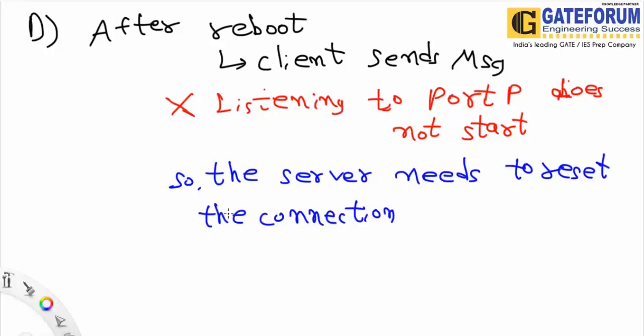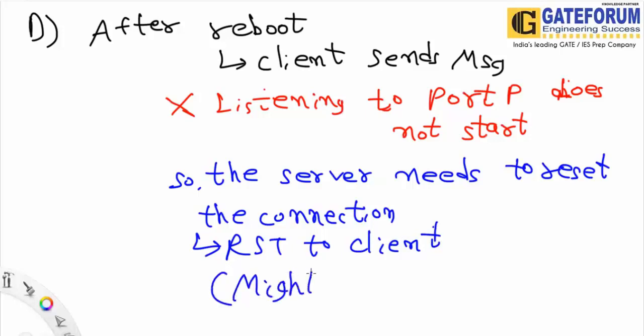So to re-establish the connection, or to go back to the previous party which already had the connection, it needs to reset the connection. For this, it would send RST to the client. So this is also possible.